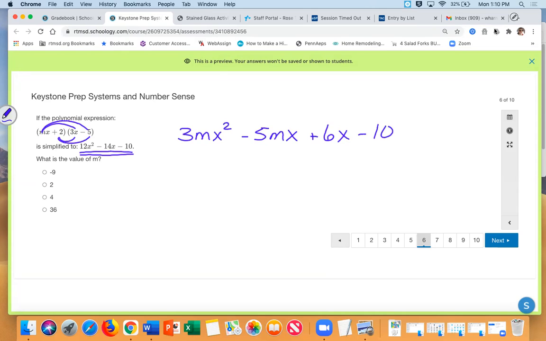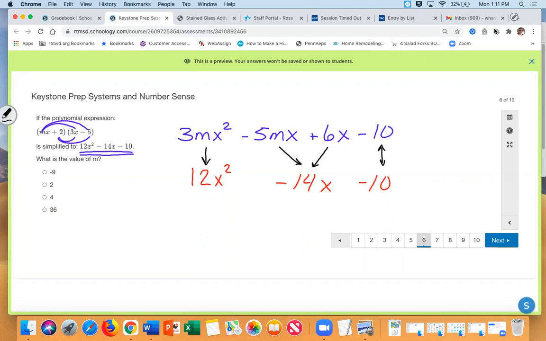Now I want you to pay attention to this one little part here. So why did I write it like this? Well, obviously the negative 10s are to match up. And these need to combine to give me that. But here's the key.